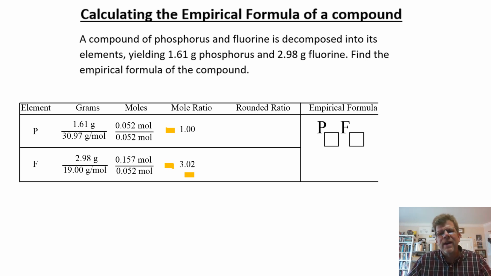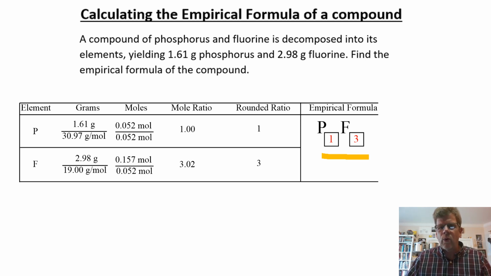So using best efforts, we can round down. 1 to 3.02 is essentially 1 to 3. That's how we're going to be looking at that. 0.02 is insignificant, so it's a 1 to 3. And notice when I did that, we filled in these subscript boxes here, phosphorus 1 and fluorine 3. Now, obviously, subscript 1 is not expressed in an empirical formula or a molecular formula, so we just say that the empirical formula is PF3.